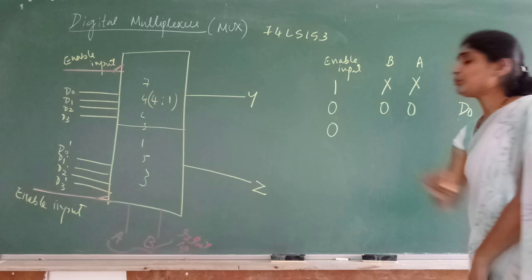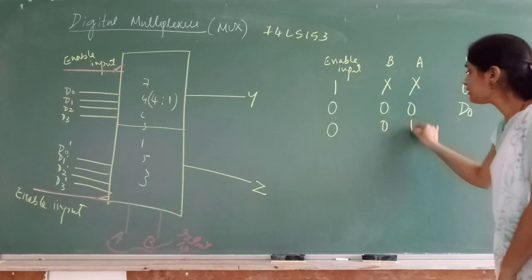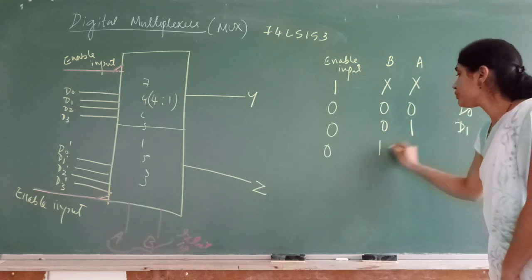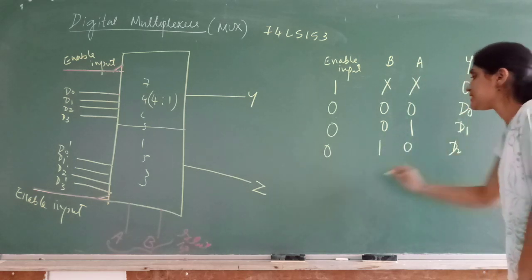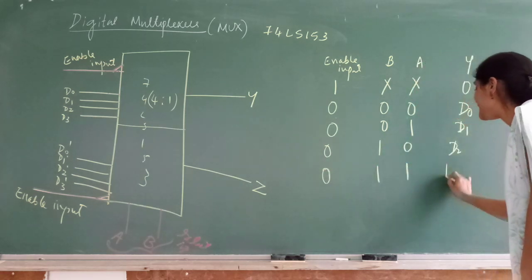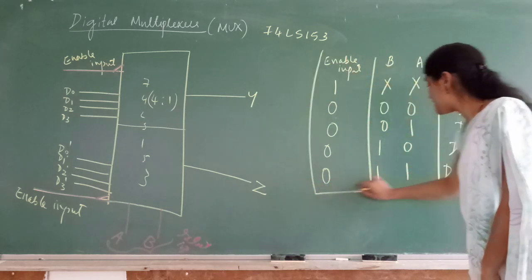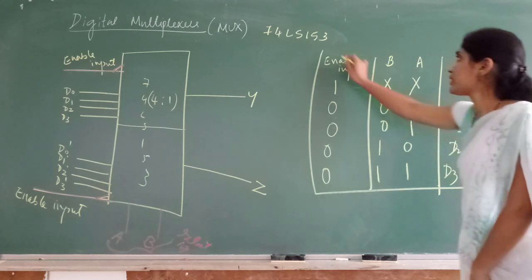Similarly, keeping enable input as 0, if you give 0, 1, D1 will be selected. If you give 1, 0, D2 will be selected. If you give 1, 1, D3 will be selected. So this is the truth table for the first 4:1 mux.